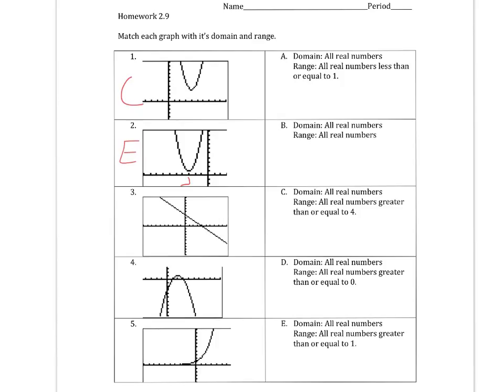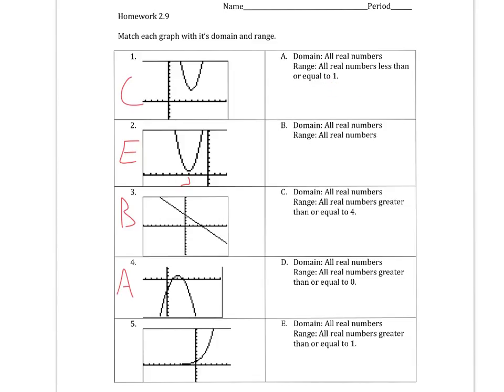Those go left and right forever and also up and down forever, so that's going to be all real numbers, and that would be what B says. Number 4 has a highest point. It goes up to 1 and then goes below that, so that's actually what A is saying. If you look at it, that says all real numbers less than or equal to 1.